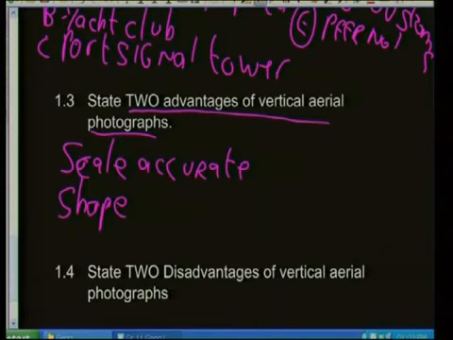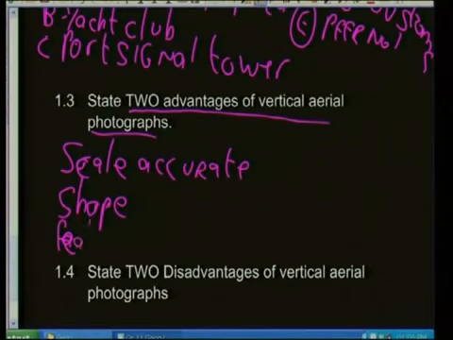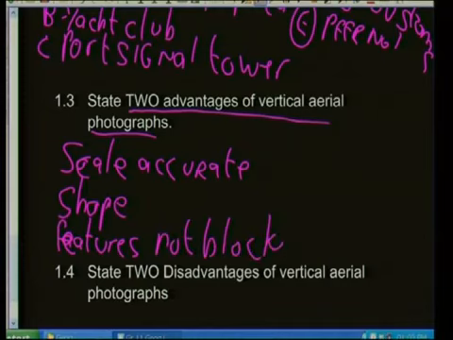Not many features are obscured, of course, slightly with a few shadows, but features not blocked, I'll put it that way. So there's quite a few advantages, but this question is taken straight from your notes itself that you just study. So you can get questions like this also.